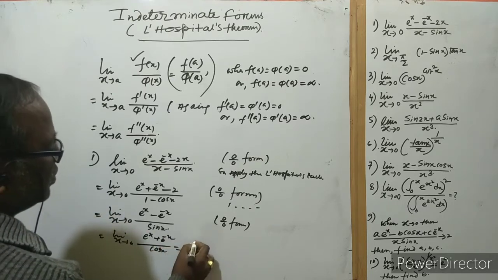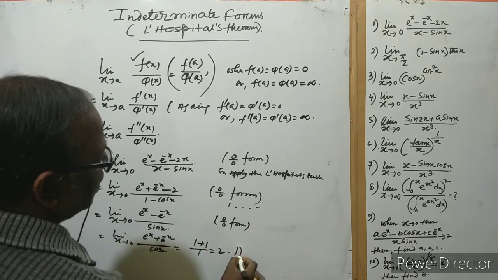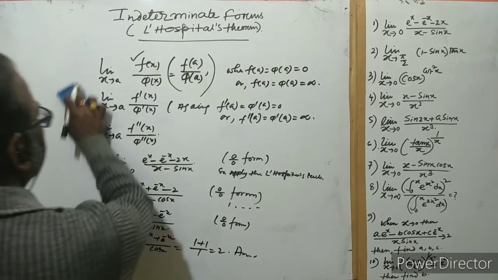Now put the value 0. This is 1 plus 1 by 1, which is 2. This is your answer. So apply L'Hospital's rule, and this is the procedure. Now proceed to the second question.